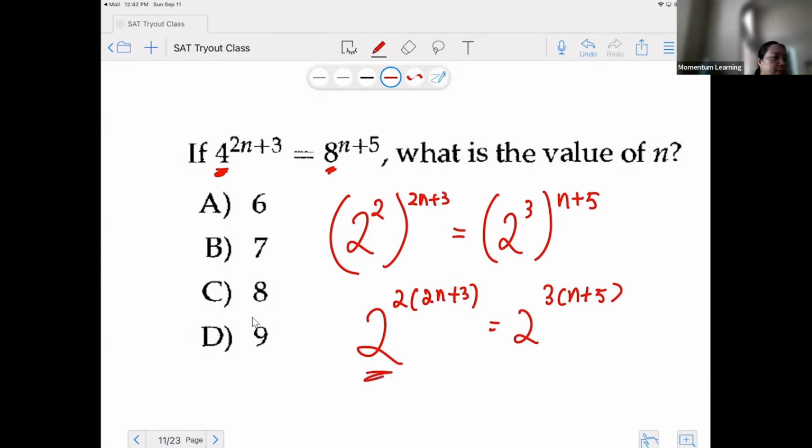Now I have the same base, so those exponents should be equal. When you set those equal to each other, then you can solve for n. I will not go over the details because that's just a quick linear equation. So n equals 9.